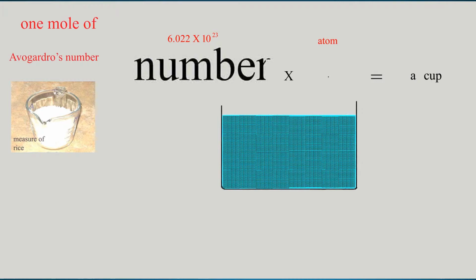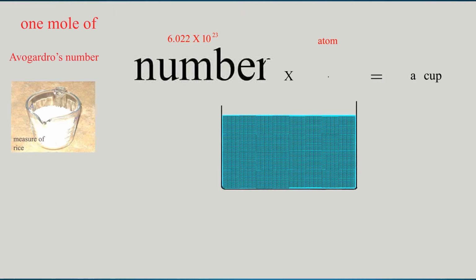How big will this number be if the cup's size doesn't change? You're going to use this gigantic Avogadro number. And that's how come we use the mole to measure atoms, like you use a cup to measure rice. So from now on, we're going to use the mole as the unit to measure all atoms.